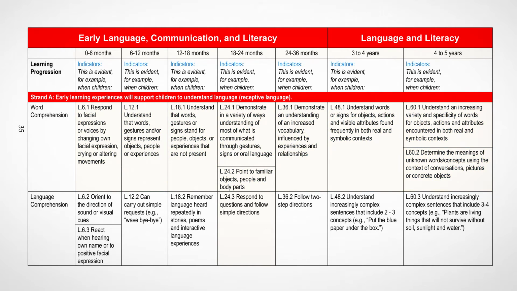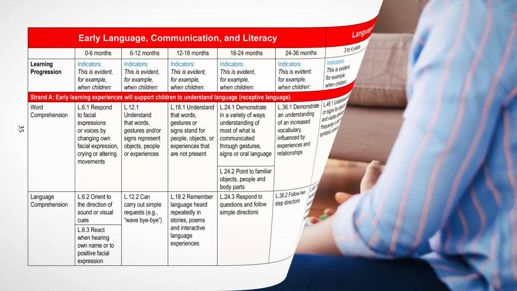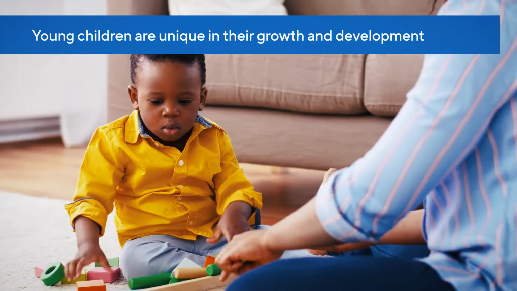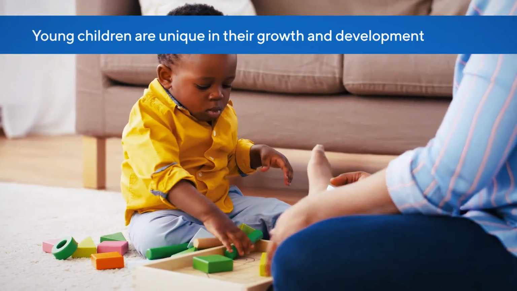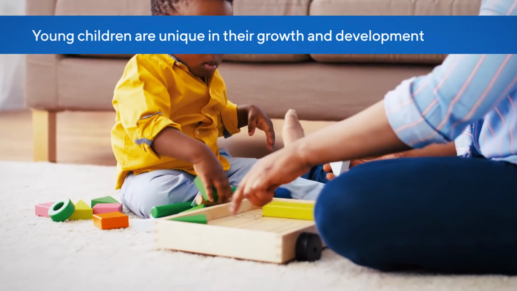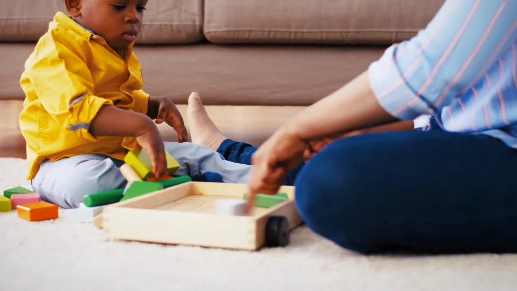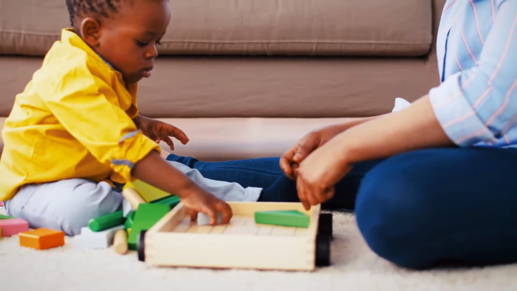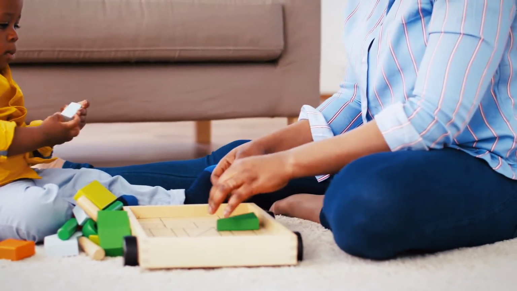You can work on many different skills across strands and domains during daily activities. One of the guiding principles of the CT ELDS is that young children are unique in their growth and development. This means that children's skills might not align with their age and might vary from one domain to another.